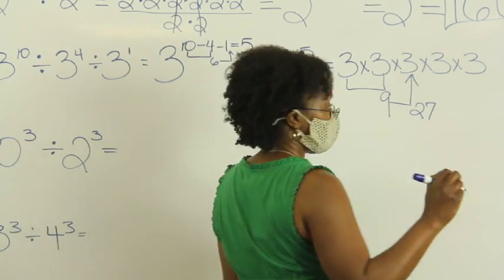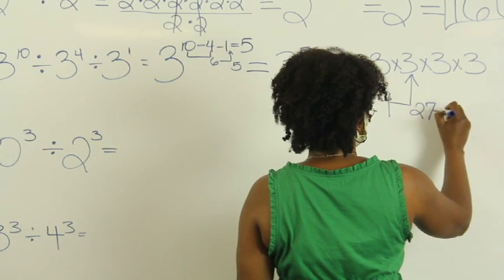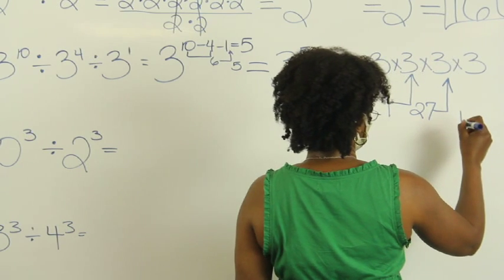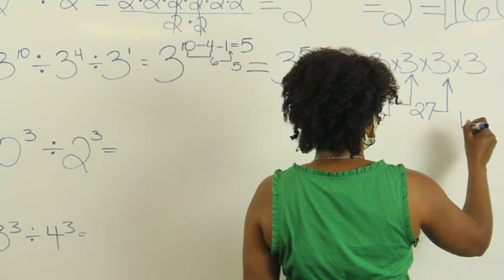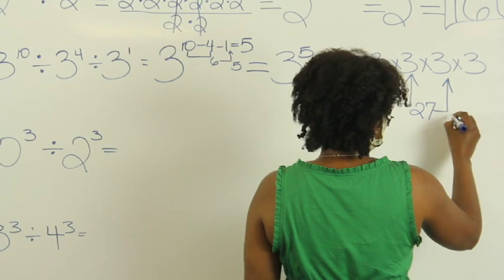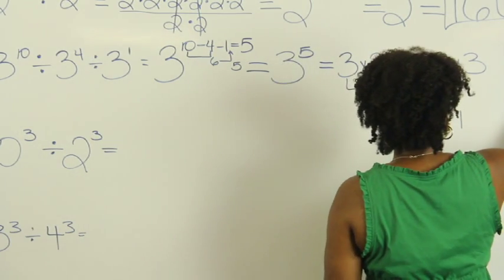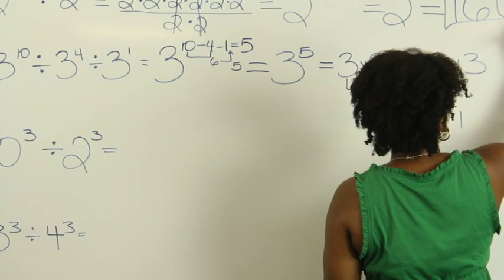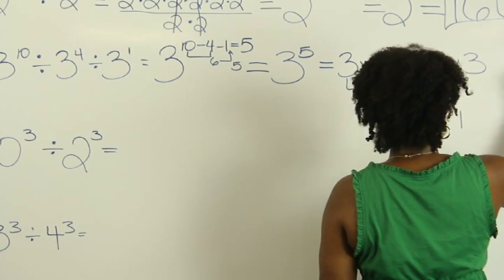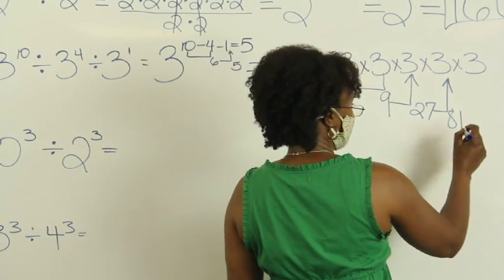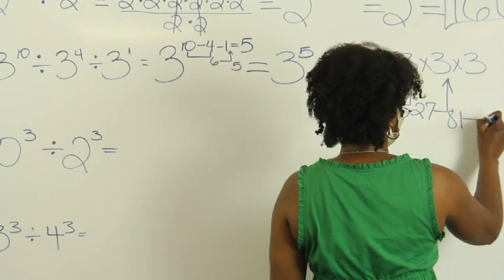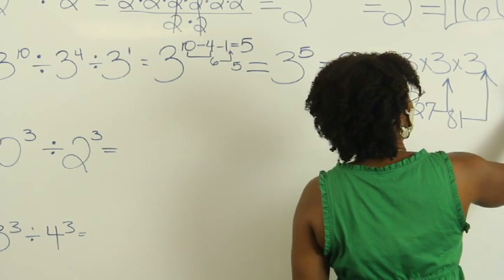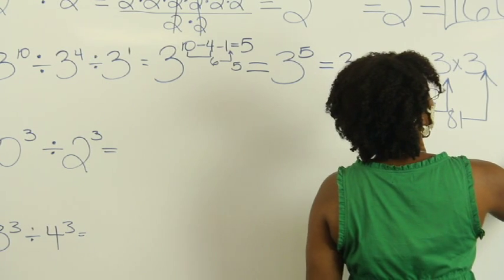Make sure you know your math facts. 27 times 3 is, I'm going to do it in my head, I think. No, I'm not, because I want you guys to see the work. I've got to make sure you see what's going on. It's 81. I try not to take too many shortcuts because I'm supposed to be showing you guys how to do it.